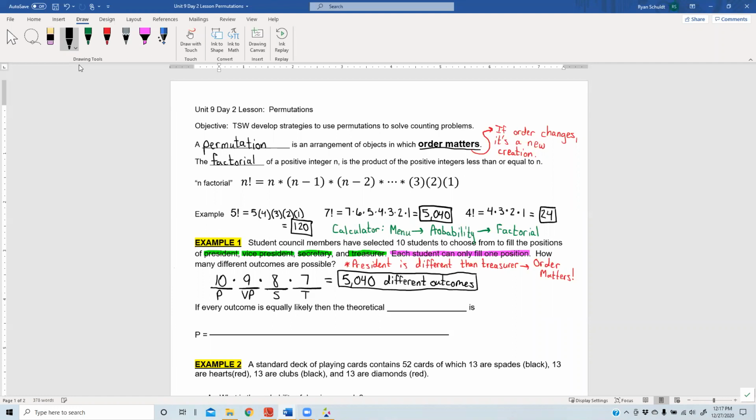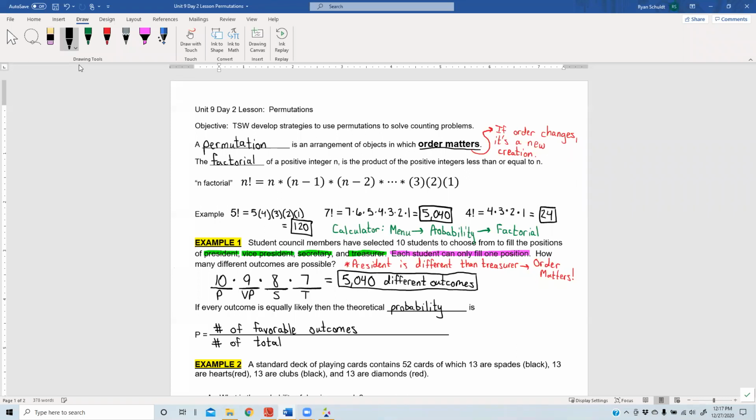If every outcome is equally likely, then we could find the theoretical probability. And simply put, that's the number of favorable outcomes, so how many we want to happen, over the number of total outcomes.